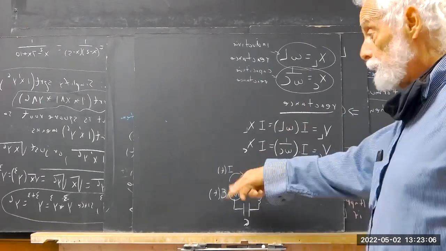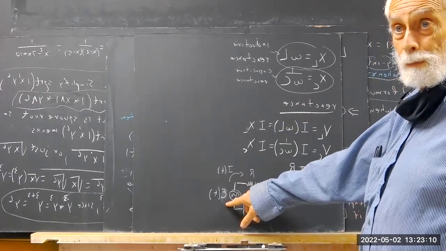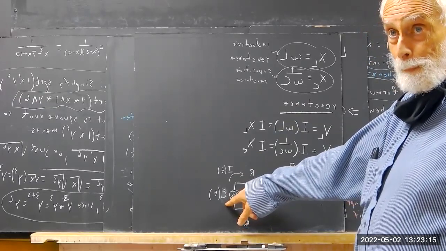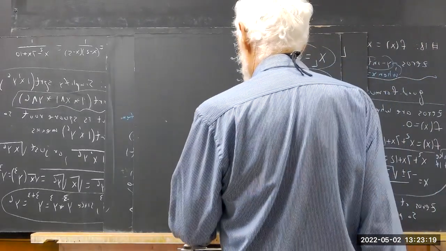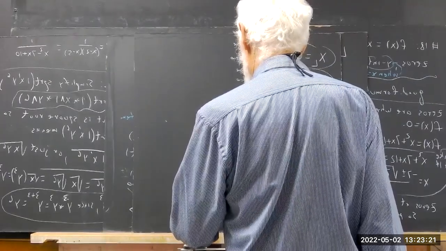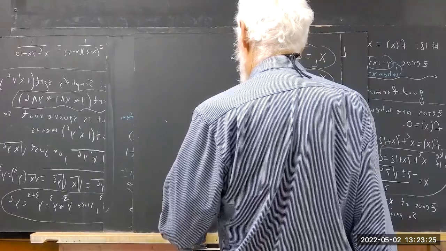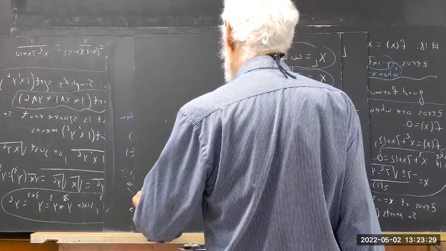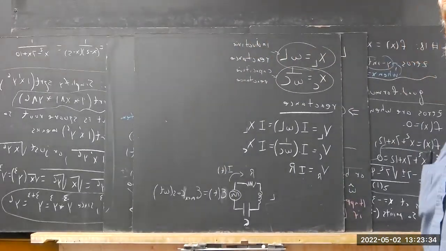I is just your I of t. It's dictated by whatever your source voltage function is. So your source voltage would be, let's say, E max cosine of omega t.